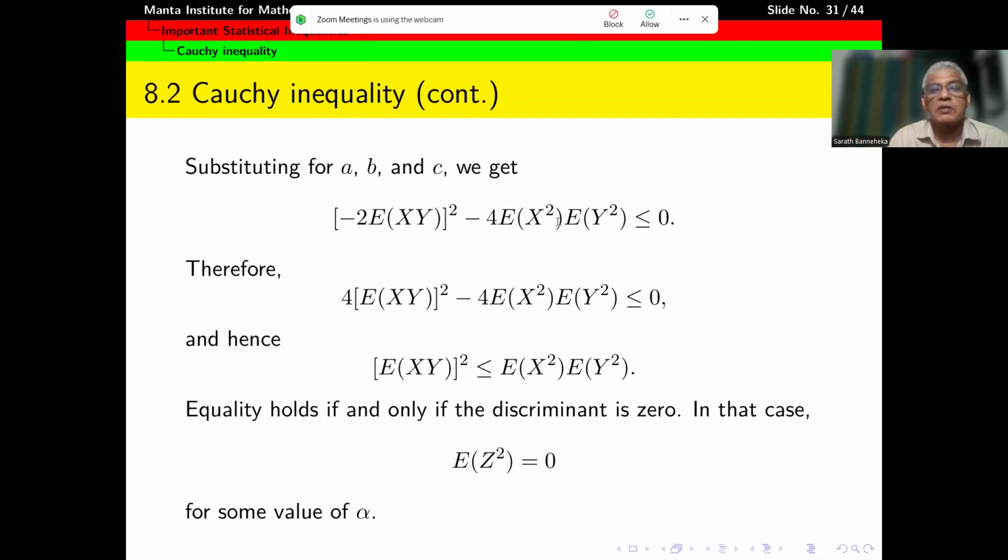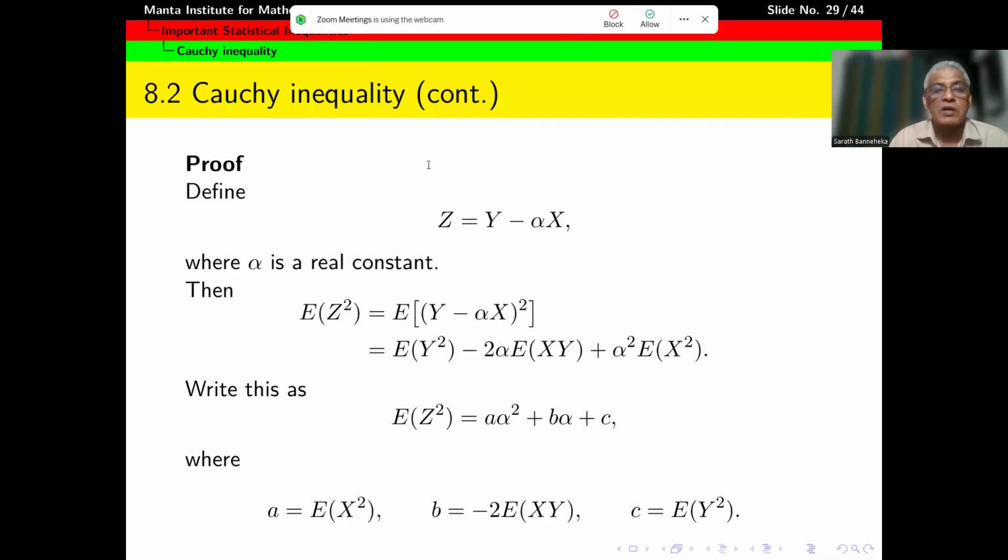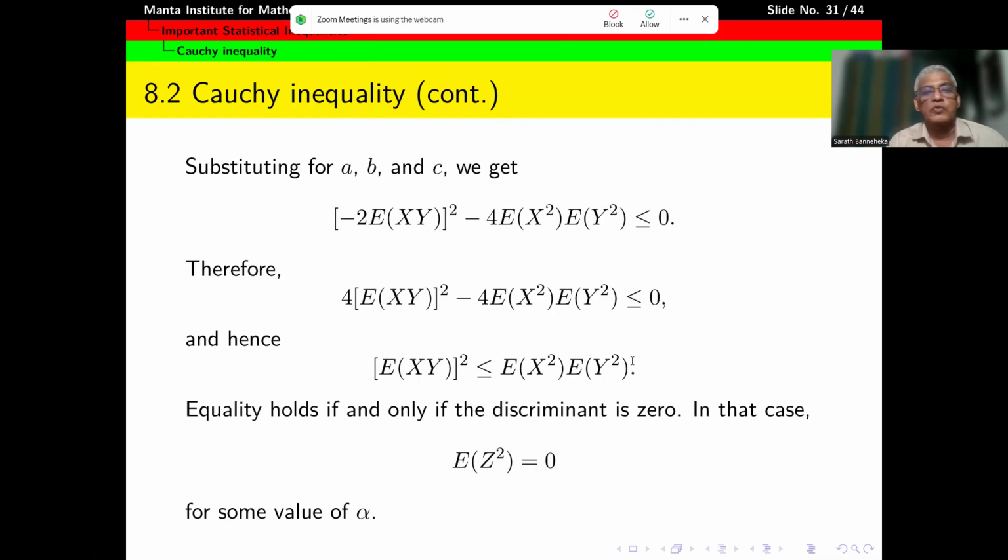This is what you get when you substitute for A, B, and C, where A is equal to expected value x square, B is equal to this quantity, and C is equal to this quantity. So when you simplify this, you finally get expected value of xy square less than or equal to expected value x square times expected value of y square. That is the inequality in the Cauchy's inequality.